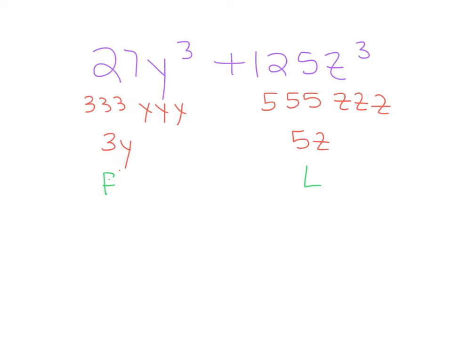So my formula says, if I go back to the last screen, it says the first term plus the last term. So that's 3y plus 5z. And then the second part of the problem says the first term squared, so 3y squared is 9y squared.